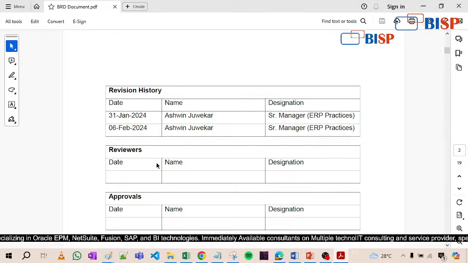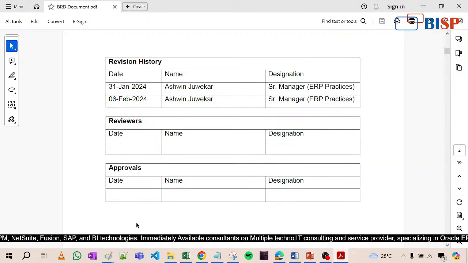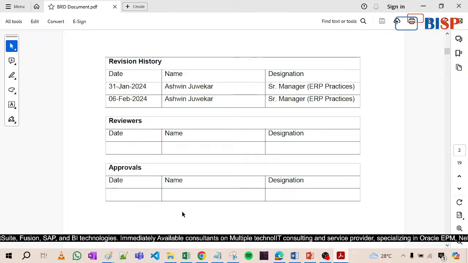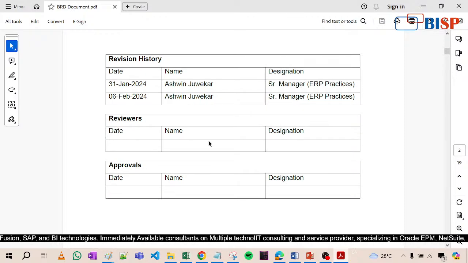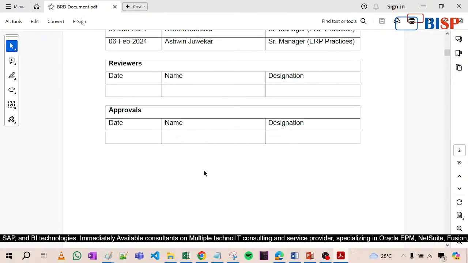And we can also show them the reviewers, those who have reviewed the document, and the approvals, those who have given the approval. In this way, the revision history, reviewers and approvals are most important. They play a most important role when you exceed the deadline and complete the project in 9 or 10 months instead of 6 months.